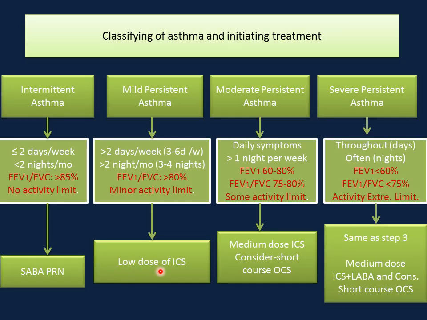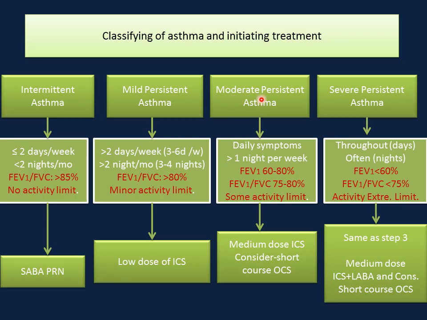If they are coughing, they use the rescue inhaler with a short-acting beta-2 agonist as needed for cough. But if the child requires the short-acting beta-2 agonist many times, or is consuming a lot of albuterol, you know that his symptoms are not controlled and he needs to step up to the next step to control his symptoms.